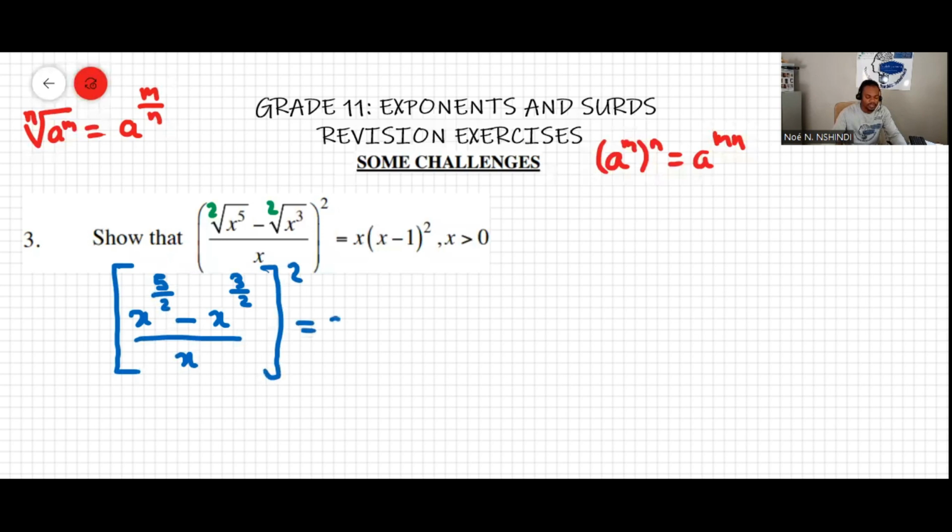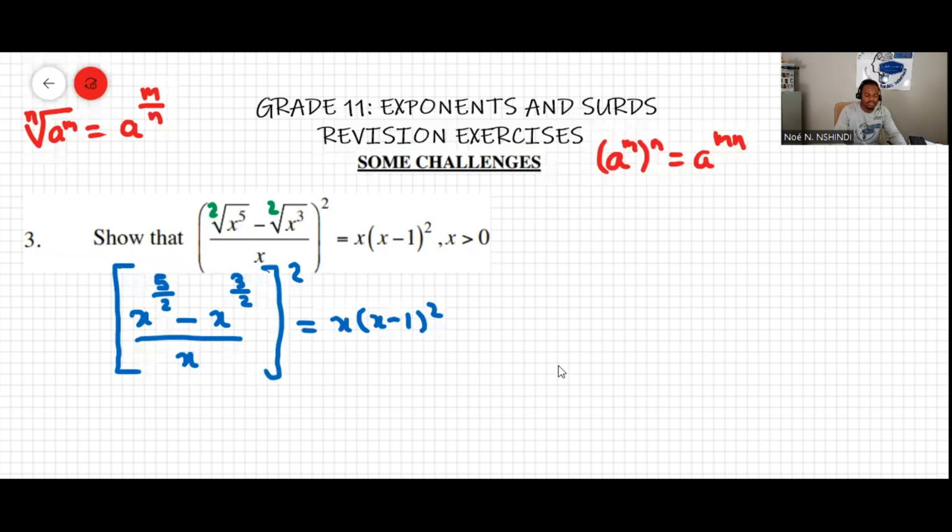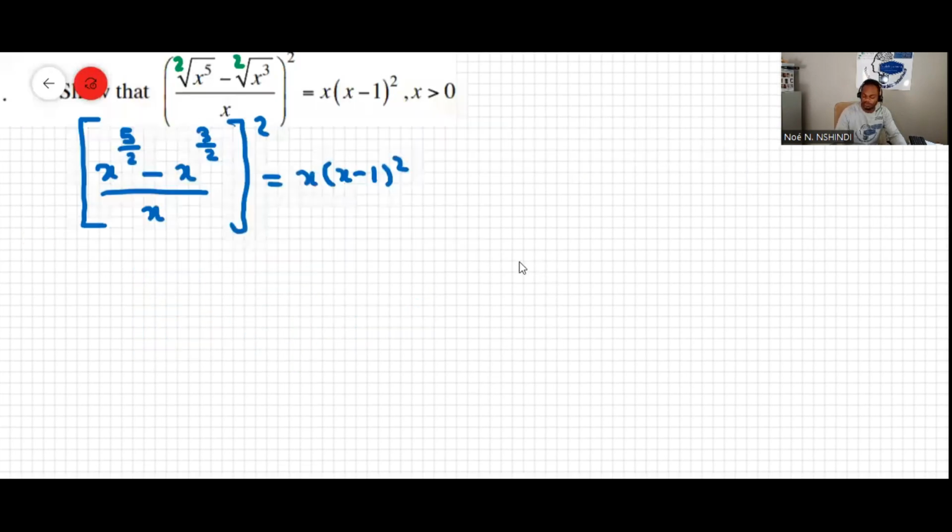And then we need to prove that this is equal to that. And we have a condition here that says x is greater than 0. Now, what can we do here?